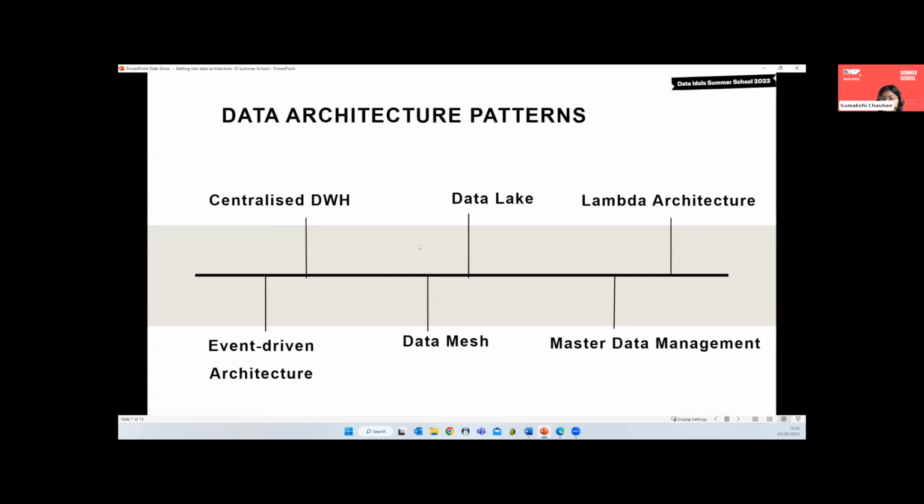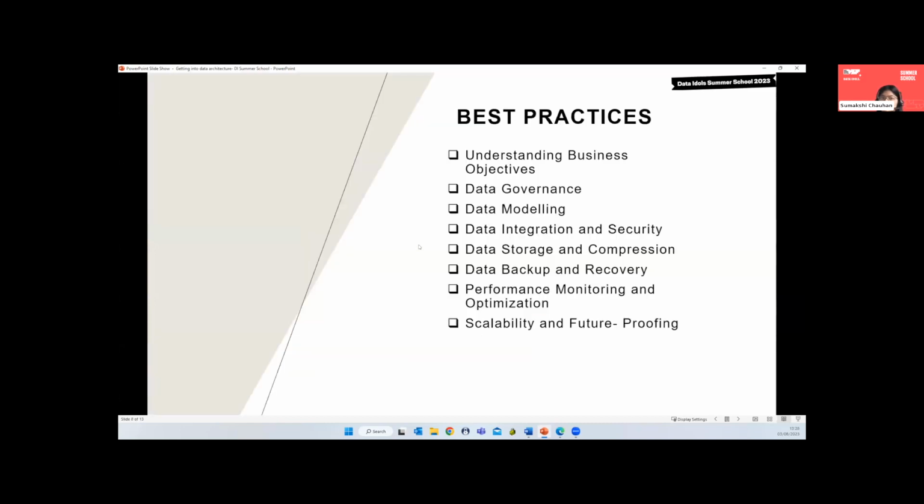Now we will look at the best practices while designing data solutions or taking data architectural decisions. The first one is understanding the business objective. We should always ensure that data initiatives and investments support the overall business strategy.